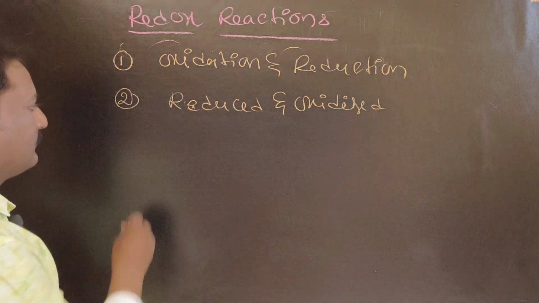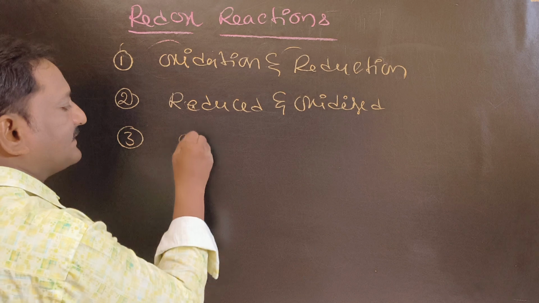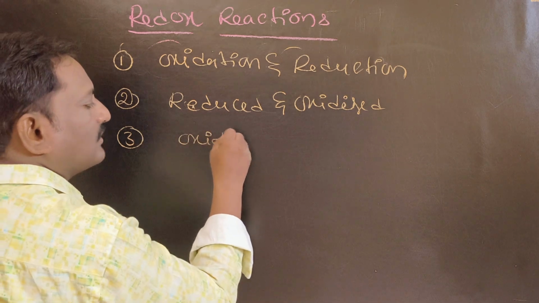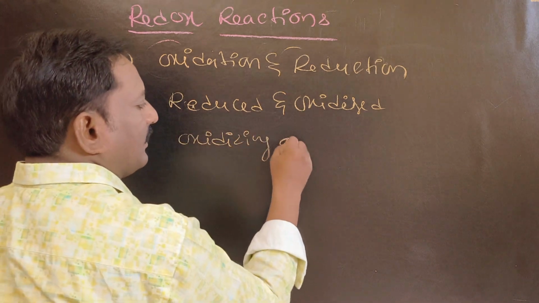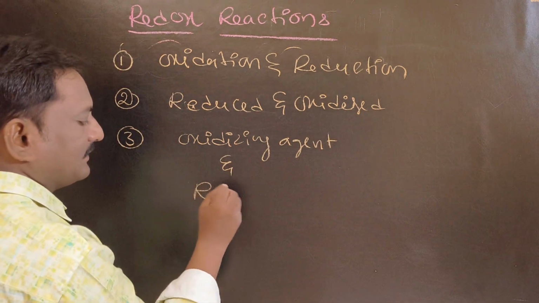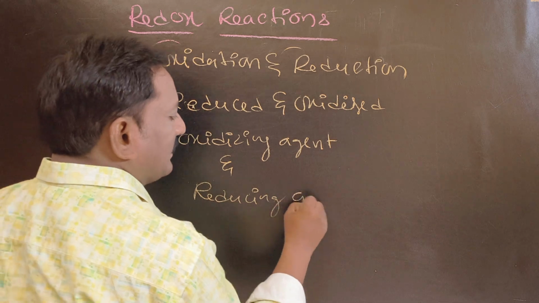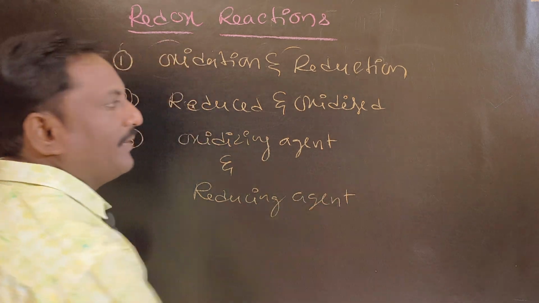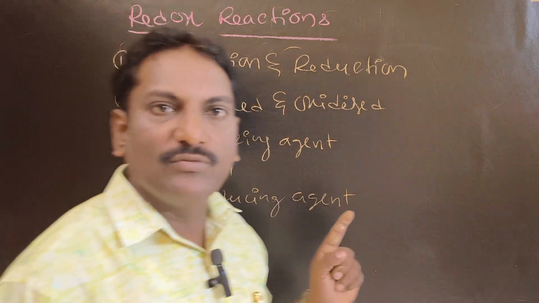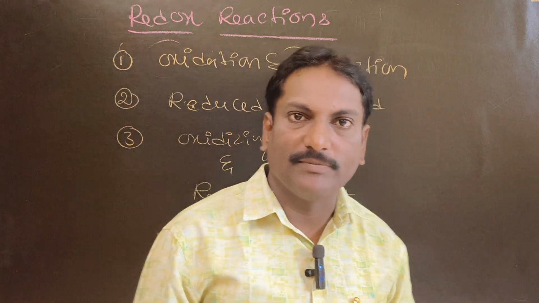Category number 3: which one is acting as the oxidizing agent and which one is acting as the reducing agent. Based on these three kinds of questions, you will get questions regarding the redox reaction concept.